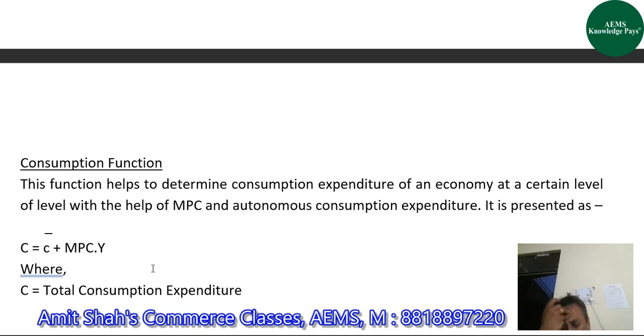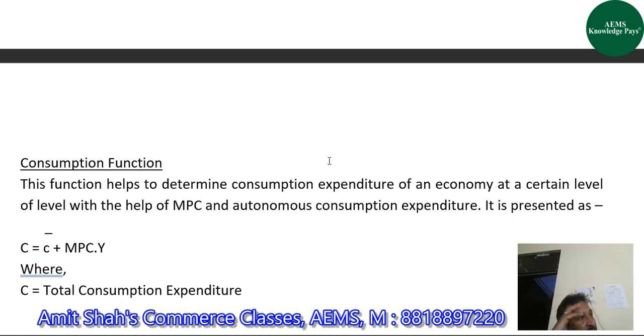Now let's say you are informed that income of the economy is going to increase by 1,000 crores next year. And you also know the MPC of the economy, which is 0.6. It means consumption expenditure will increase by 600 crores.